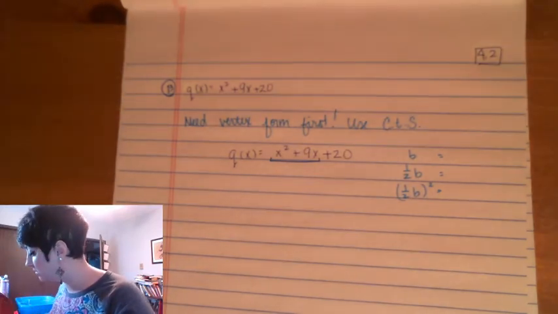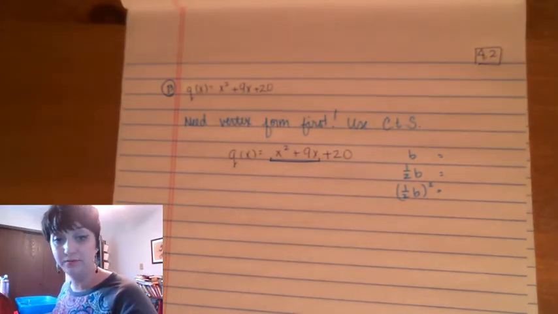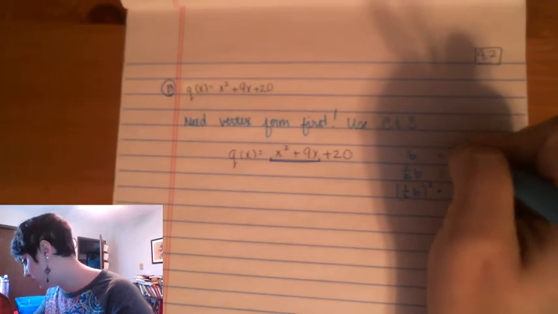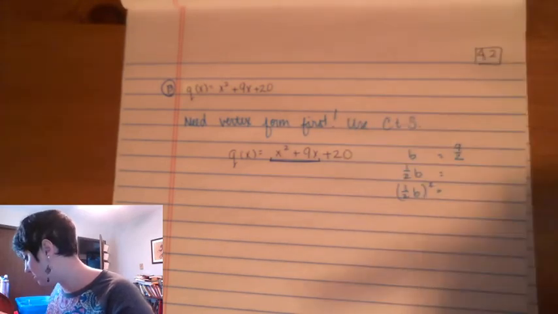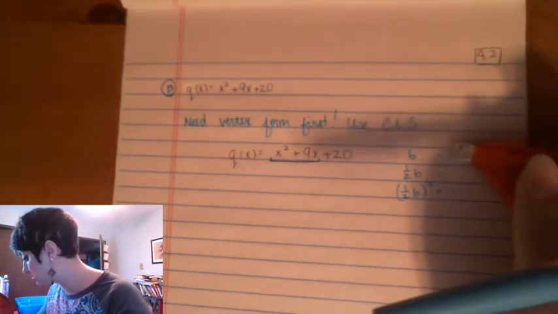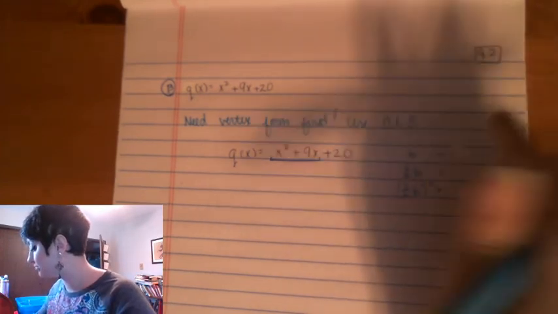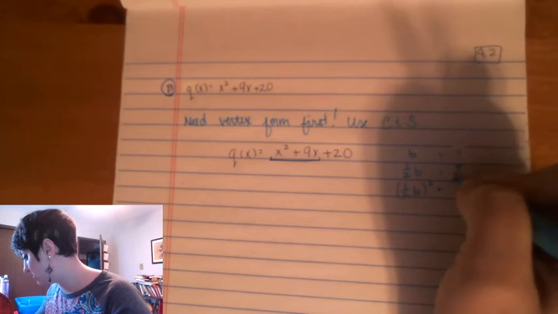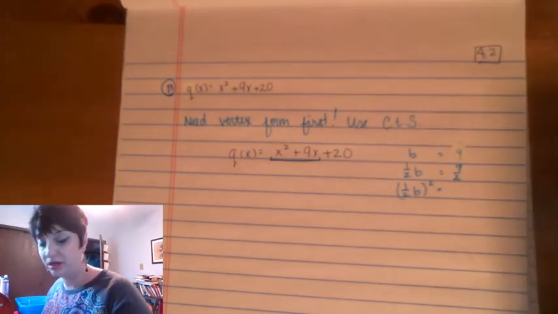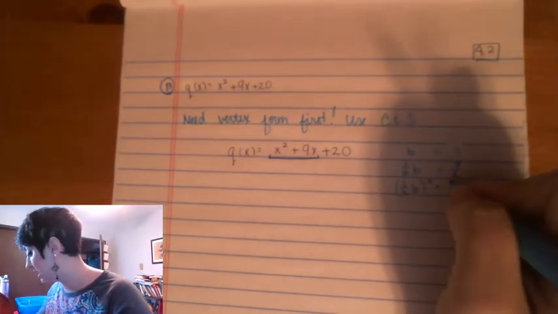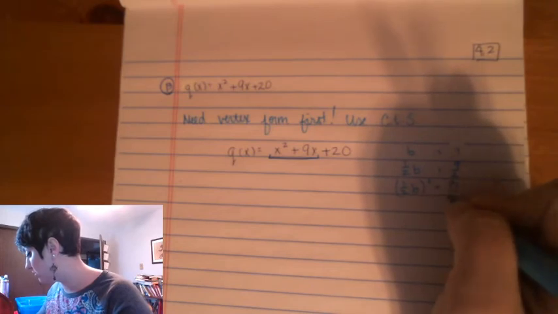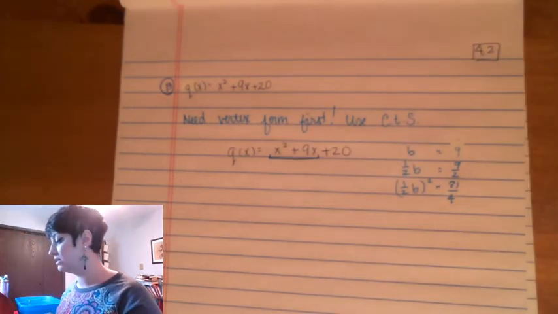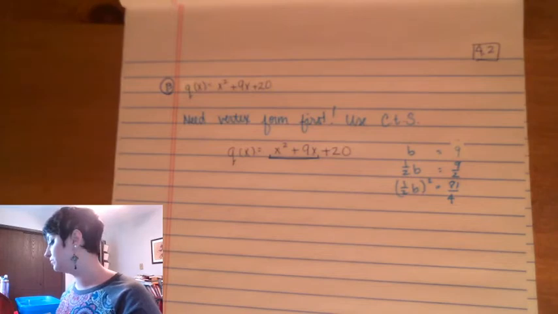Oh dear, the b is odd. That's okay. Sorry, b is 9. Half of b is 9 over 2. Half of b squared is 81 over 4. So 9 squared over 2 squared.